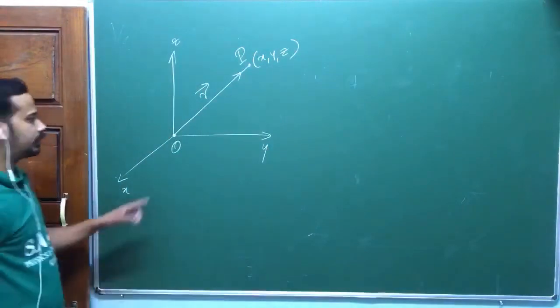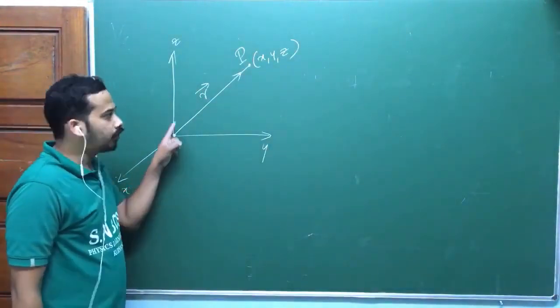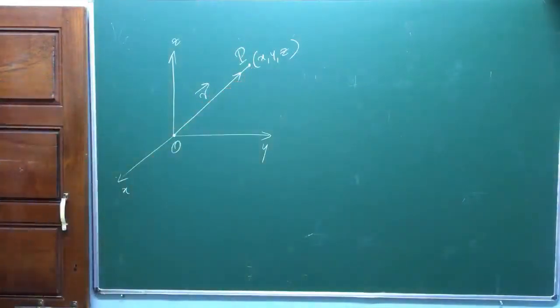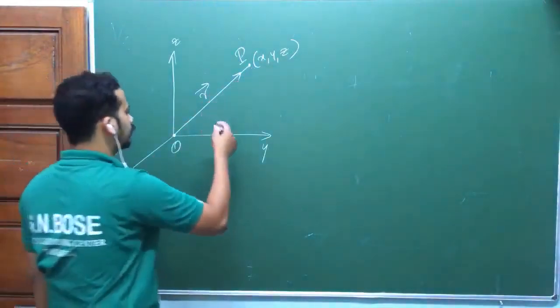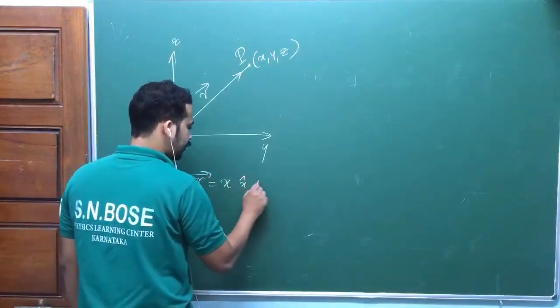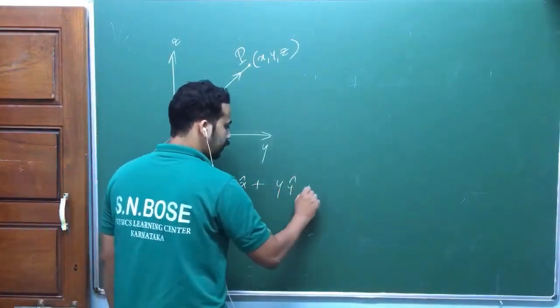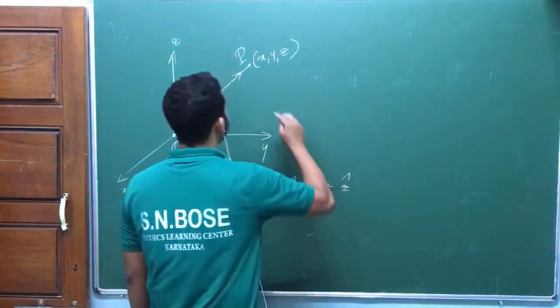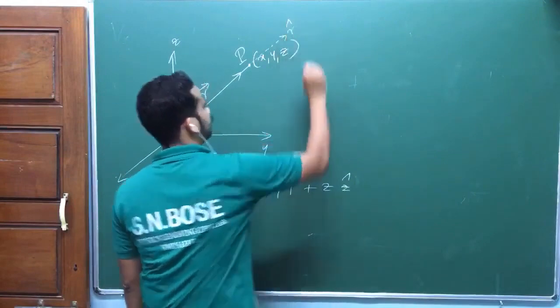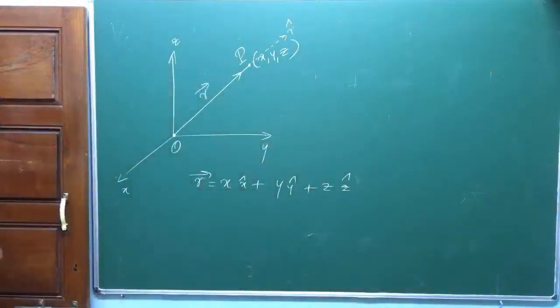What is the position vector? It's a vector from the origin to the point in space, isn't it? That's a position vector. You can write this vector R as X into X cap plus Y into Y cap plus Z into Z cap. So its direction is R cap, away from the origin.